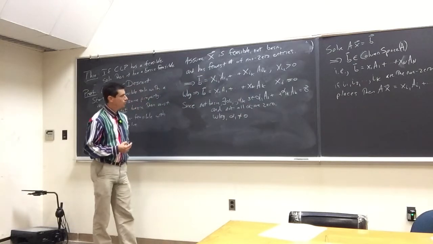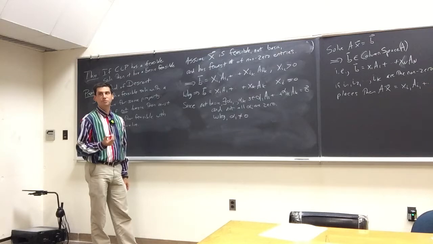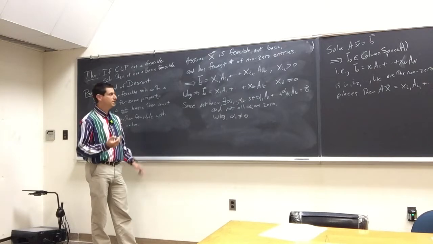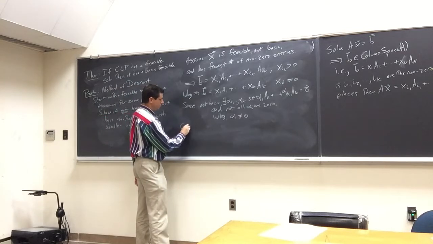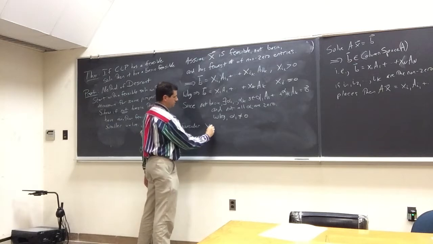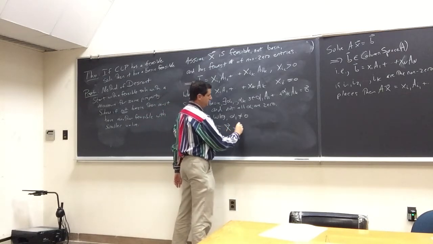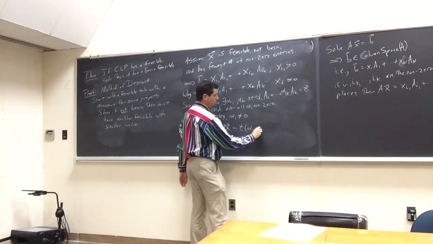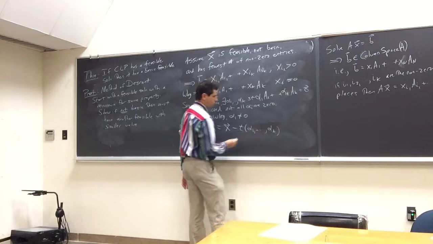OK. So without loss of generality, alpha 1 is not equal to 0. So probably there's got to be another alpha that's non-zero to balance that. But we don't really need that. So what we're going to do is consider a new solution, x(t), which will be x minus t times the vector alpha 1 through alpha k.